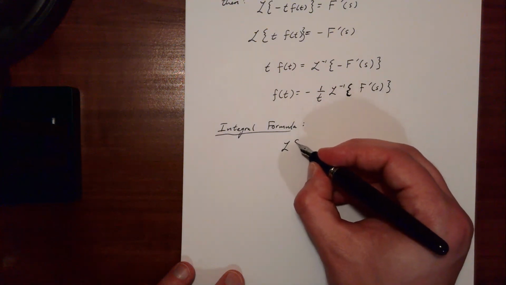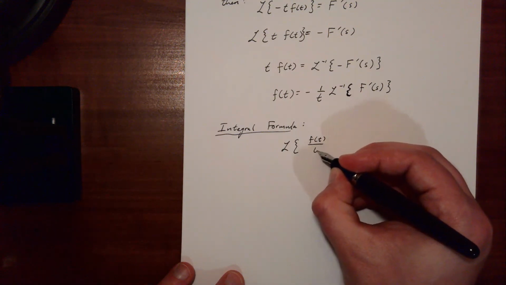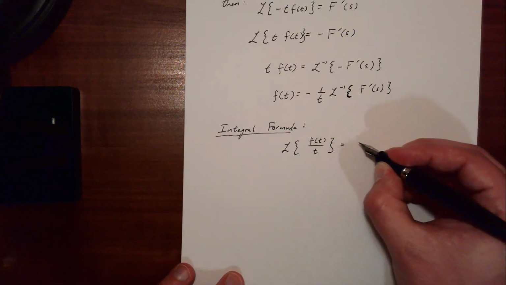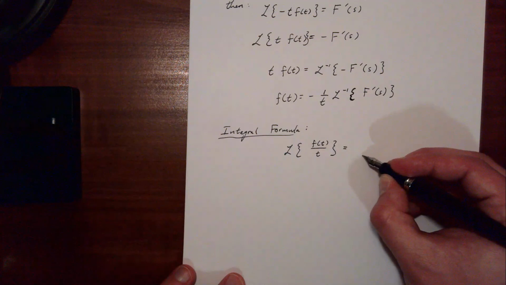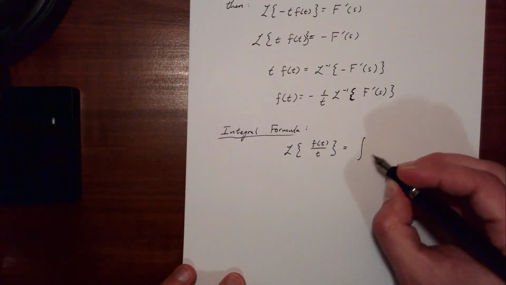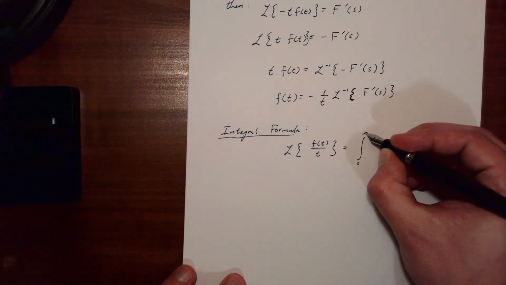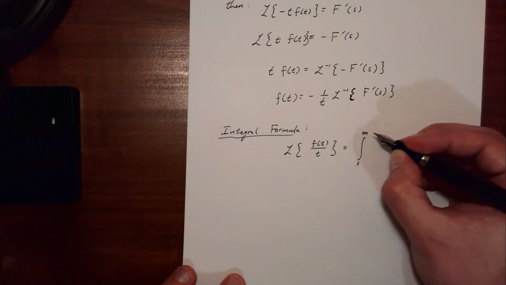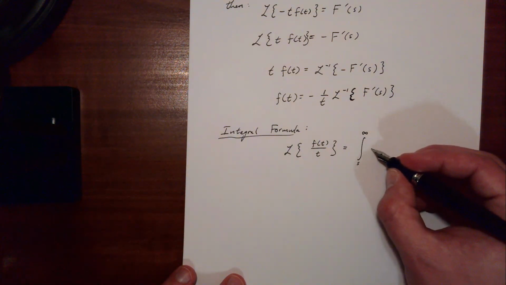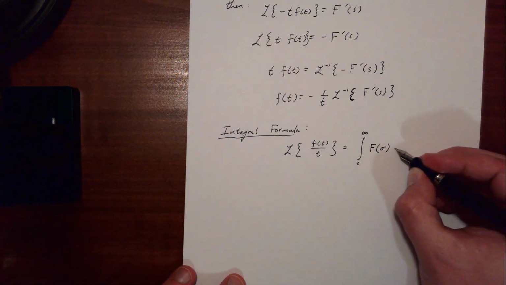So it's the Laplace transform of f of t, not times t, but divided by t. And this is equal to not the derivative, but the antiderivative. And because of that negative, the way that that's frequently expressed is to invert the order of the bounds of integration. And so it makes it go from s to infinity here, and it's going to be F of sigma d sigma.